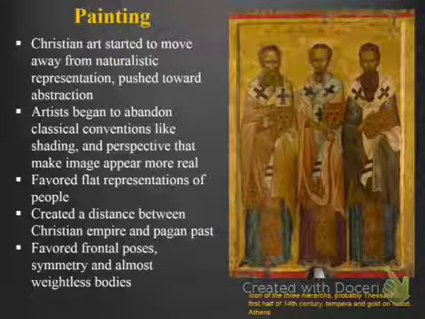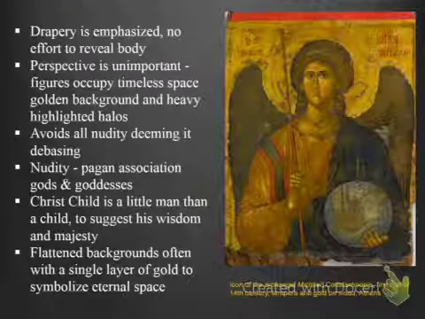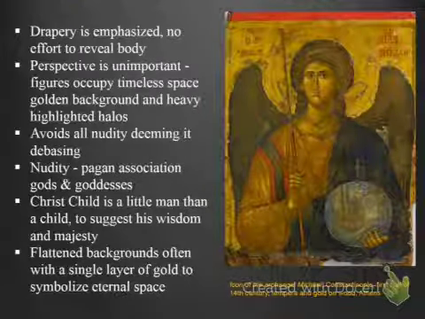So these are the things I want you to notice when you're looking at art in the Byzantine. Again, drapery, lots of folds, but there's no body underneath that we can tell. We don't see a bust line. We don't see where the arm starts and ends. It's just a lot of heavy drapery.